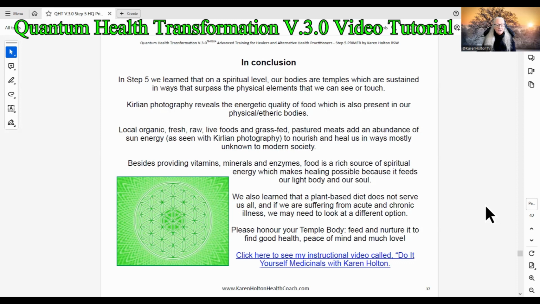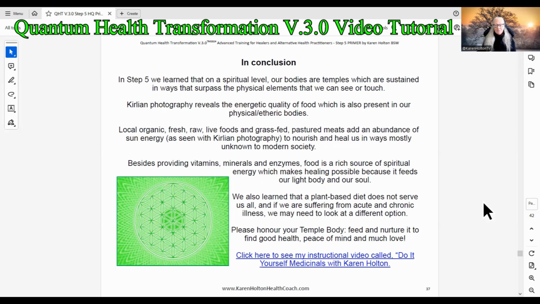Local, organic, fresh, raw, live foods, and grass-fed, pastured meats add an abundance of sun energy, as seen with Kirlian photography, to nourish and heal us in ways mostly unknown to modern society. Besides providing vitamins, minerals, and enzymes, food is a rich source of spiritual energy, which makes healing possible because it feeds our light body and our soul.